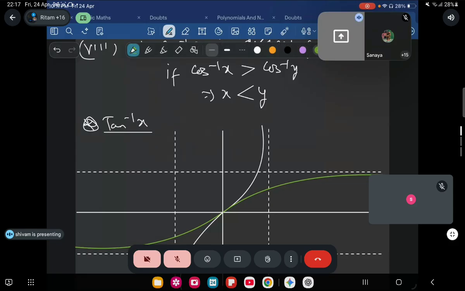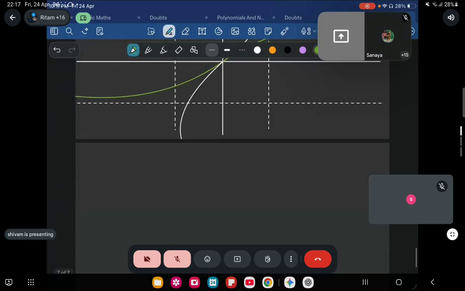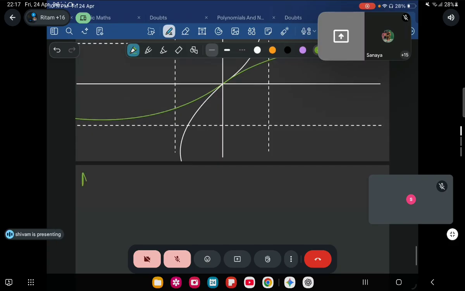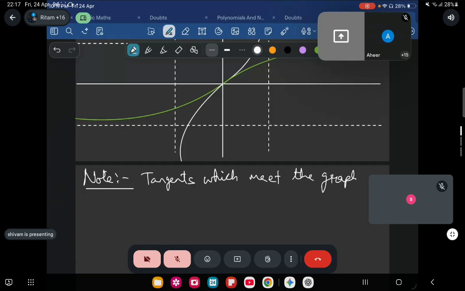Tell me everyone, is the function increasing or decreasing? Increasing function. So everyone note, the tangents which meet the graph at infinity are known as asymptotes.